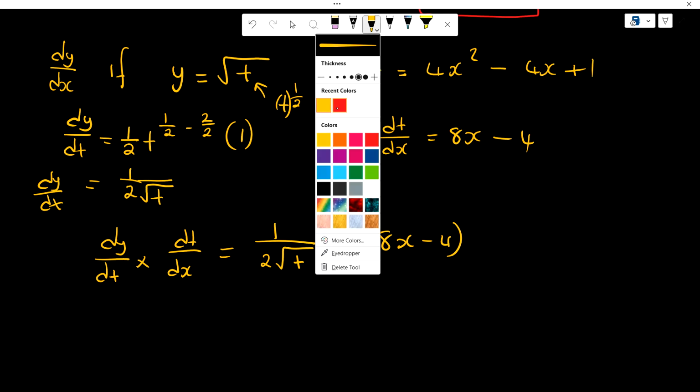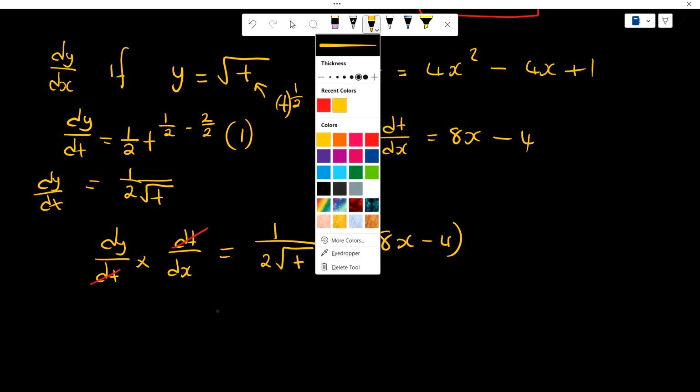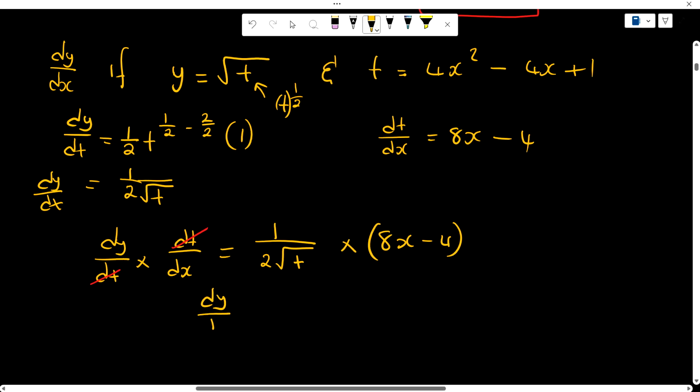And then here we notice that these two will cancel, and then I will have my dy/dx to be equal to 8x minus 4 all divided by 2 square root of t, right? So that is what our answer is.